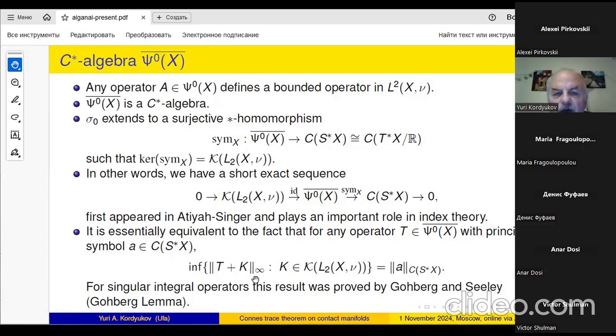And it turns out that the best approximation is just given by the uniform norm of the principal symbol.